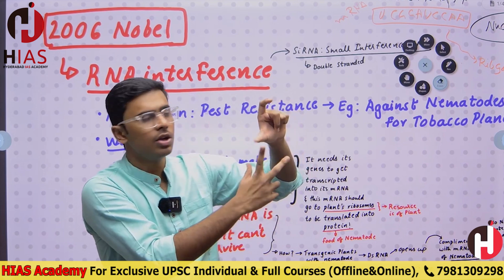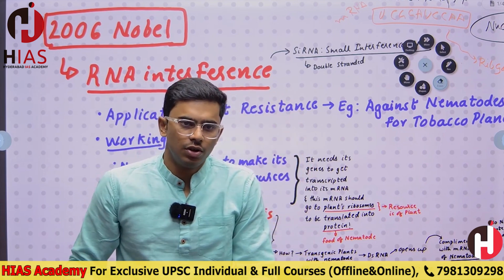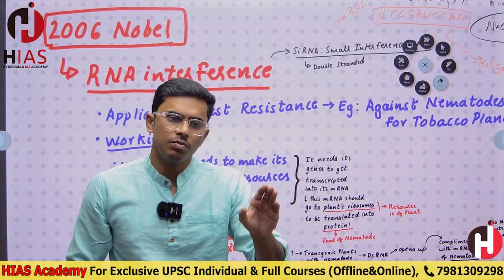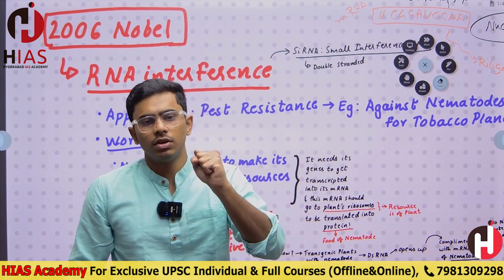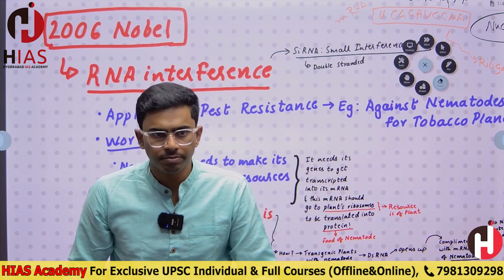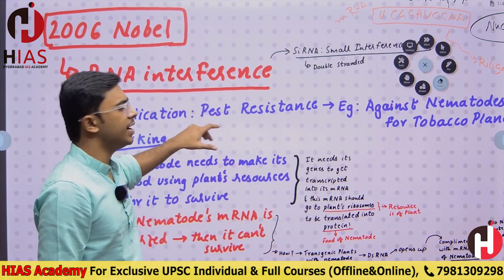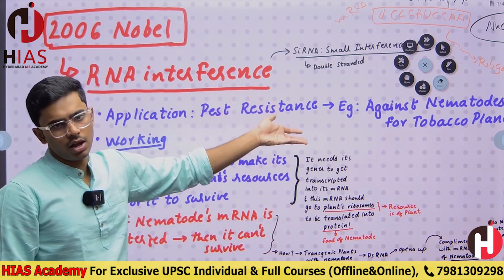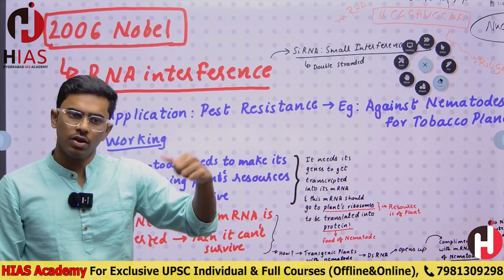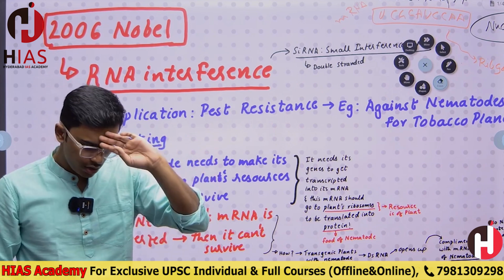Just below Bt cotton, you have RNA interference technology. Bt cotton was asked many times, at least 3 times. So RNA interference technology is the next important thing, and since there is already a Nobel Prize on microRNA, this also gets importance.